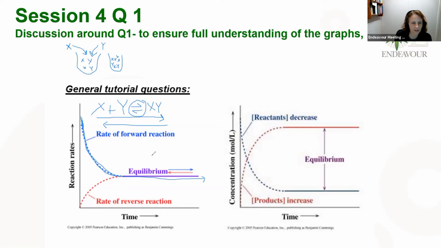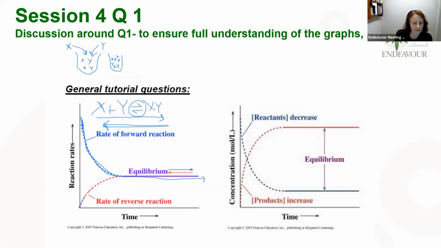Whereas the reverse reaction is when you have the bound product and it's going to form the unbound reactants. At first, because there's not much bound product, that reaction is going to happen really, really slowly. But as more and more of the reactants bind together, there's going to be more bound products, so it's going to be able to do the reverse reaction and form more of the reactants.